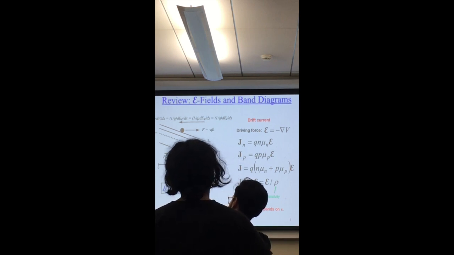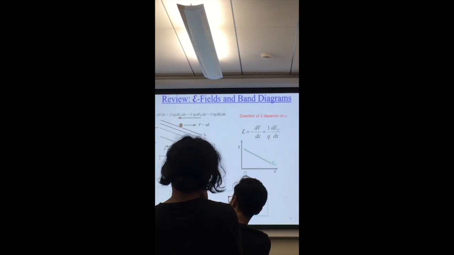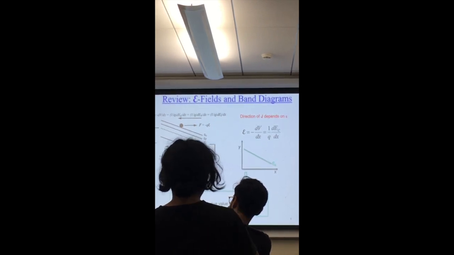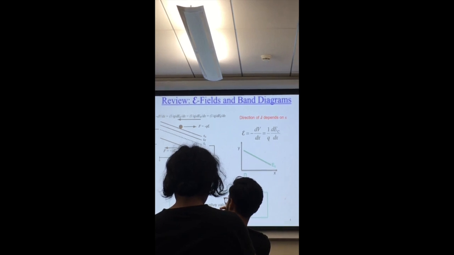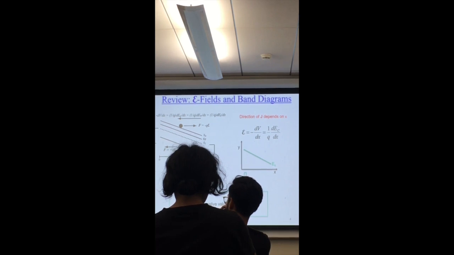There are several ways to determine the electric field direction. One way is to look at the slope. The electric field is related to the slope of EC, dEC over dx.